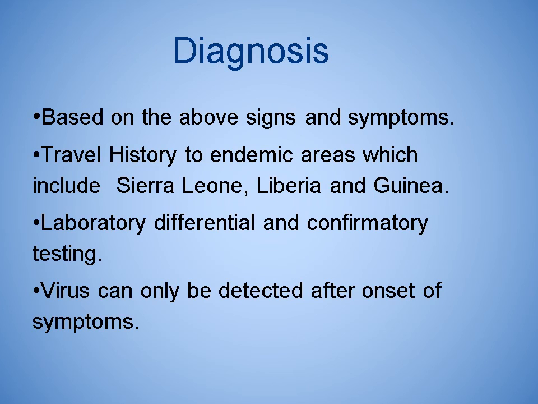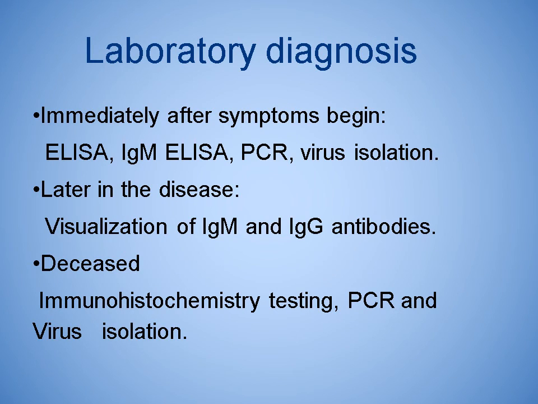The diagnosis of Ebola is based on symptoms and signs, the travel history to endemic areas, and laboratory differential and confirmatory testing. The virus can only be detected after the onset of symptoms. When doing laboratory diagnosis, there are 3 stages in which we can test for Ebola.